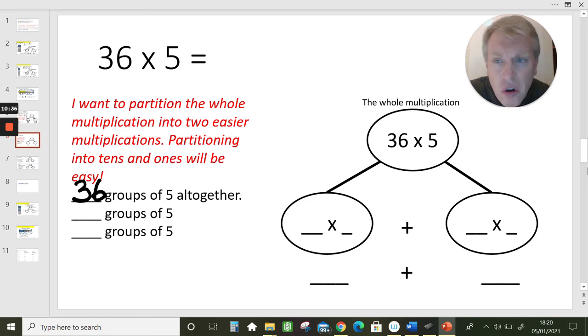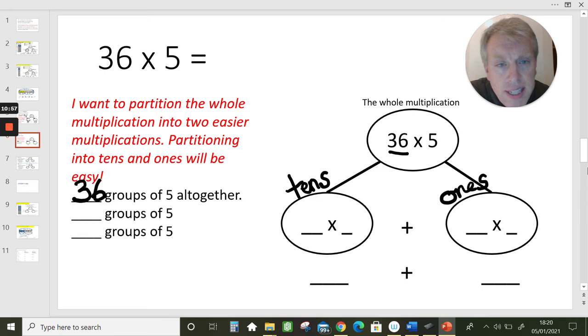I don't want to draw that, but I can think it. I'm going to break it up, remember, I'm going to break the 36 up into the 10s on this part and the 1s on this part.